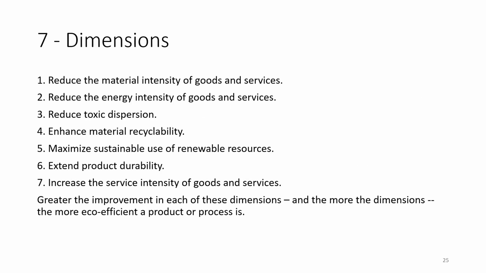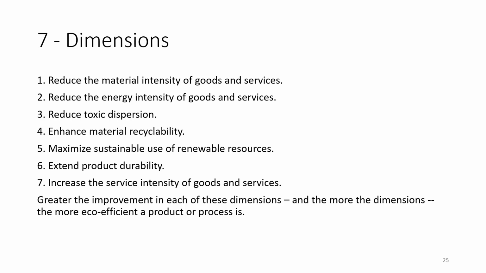There are 7 dimensions. First is to reduce the material intensity of goods and services. Second is to reduce the energy intensity of goods and services. Then to reduce toxic dispersion of various heavy metals. Enhance material recyclability: aluminum and some of the polymers, their recyclability needs to be improved further.